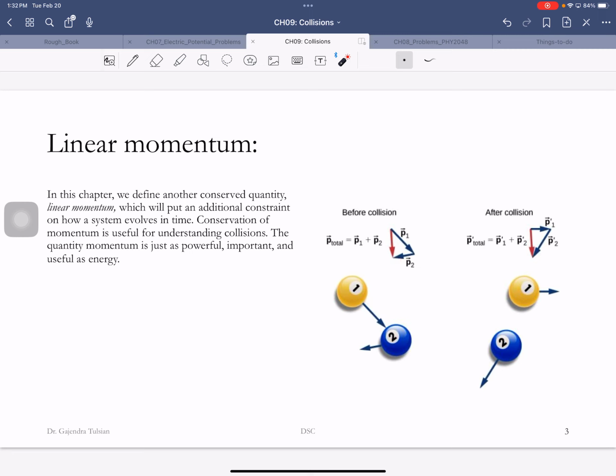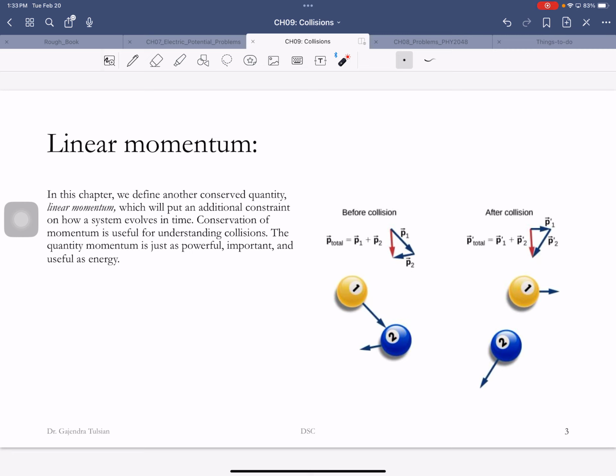After the collision, this one is going in that direction and this one in this direction. There is P1 prime and P2 prime, but their sum is still the same. The momentum is conserved. This will always be true unless they have rockets attached to them. When you attach rockets, now you're applying an external force, so we'll learn about that. If there are no rockets attached, the momentum is conserved.